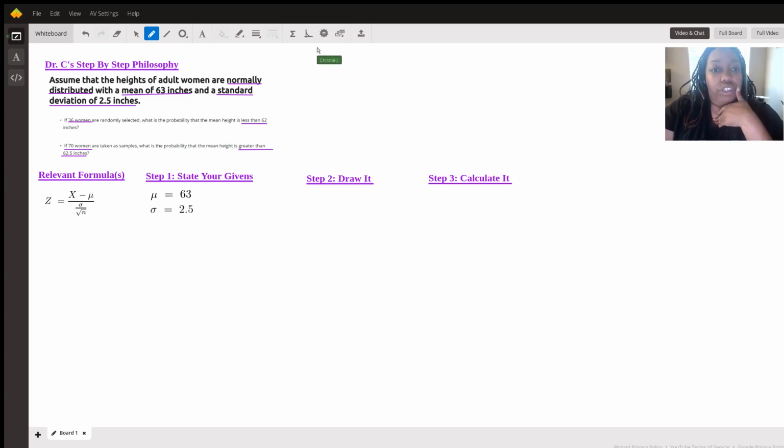And so for the first equation, we essentially will be doing the probability of x being less than 62 inches. And I'll put that up here, and you'll see why in a bit.